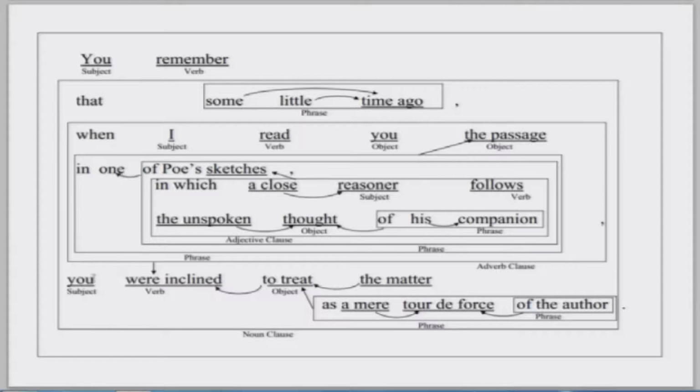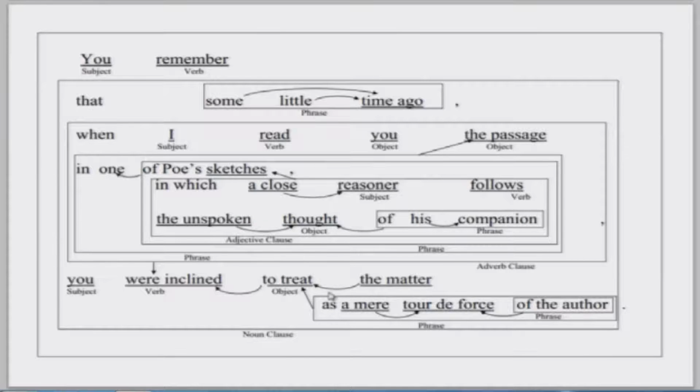So, you were inclined, object, to treat. The matter, this object word should be here actually, the matter is the object. You were inclined to treat the matter, and adverb as a mere tour de force of the author.